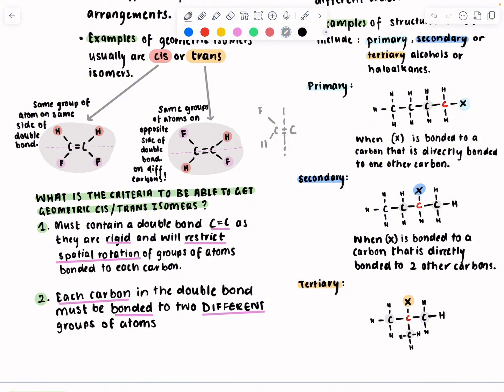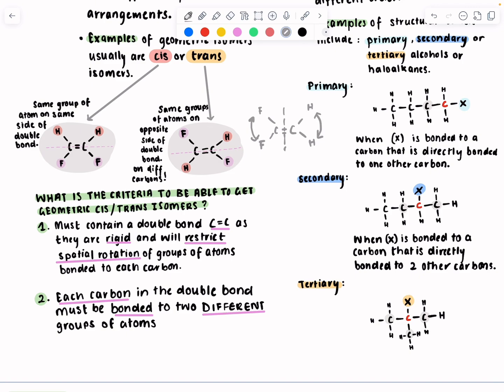You don't want the same groups, because let me show you what happens if you have the same groups on each side. So here we have it. If I were to have this molecule over here and try to get a cis or trans isomer, I actually wouldn't be able to meet these two criteria. Even if I wanted to do anything to this molecule and maybe swap these around, it wouldn't make a difference.